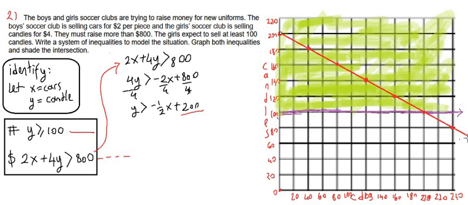Now we're going to shade above this line, and this is going to be a dotted line. Let's make a dotted line here, and we shade above this line.